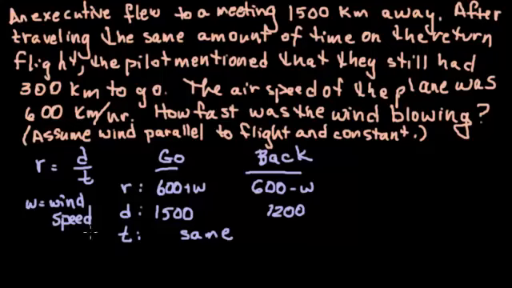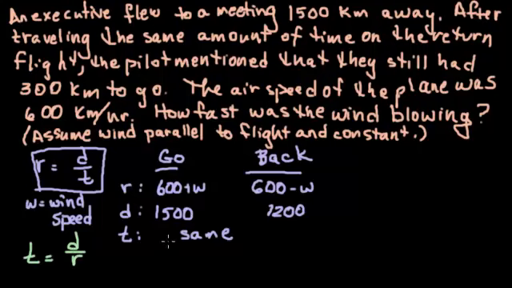So I'm going to rework this equation and make it read t equals. When I do that, I'll multiply both sides by t to get them out of the denominator and divide by r. So my equation for this is going to be t equals the distance divided by the rate, so that I can equate these two times.